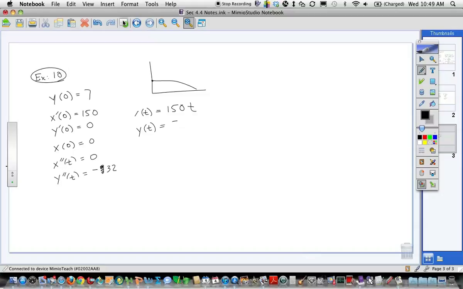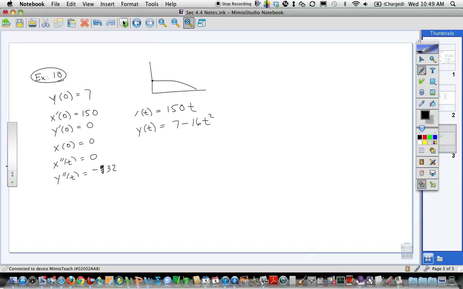The second equation they give us is 7 minus 16t squared. Okay, we'll think about that a minute. Practically, we're doing this problem together. What's the antiderivative of y double prime? It'd be y prime. What's the antiderivative of negative 32? Negative 32t plus c.